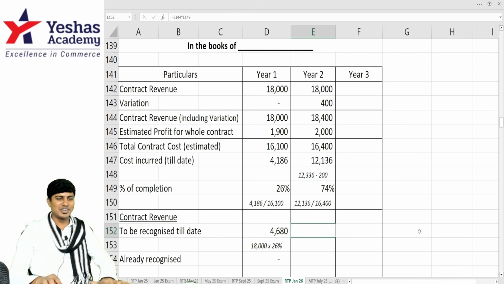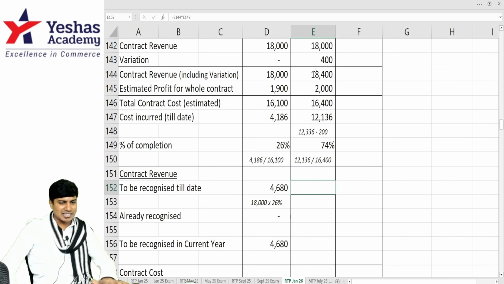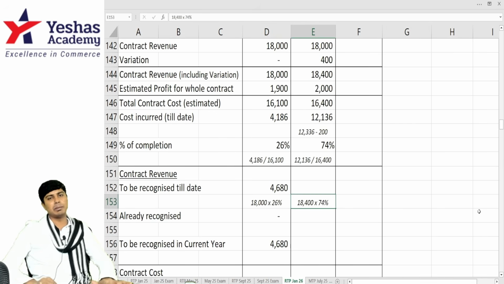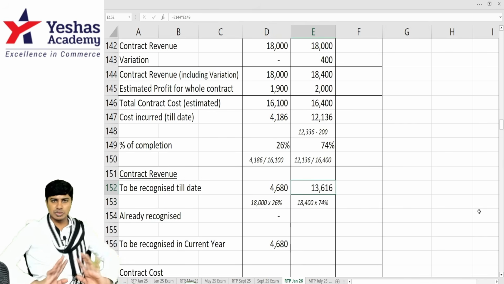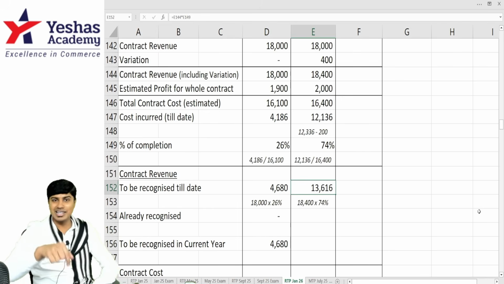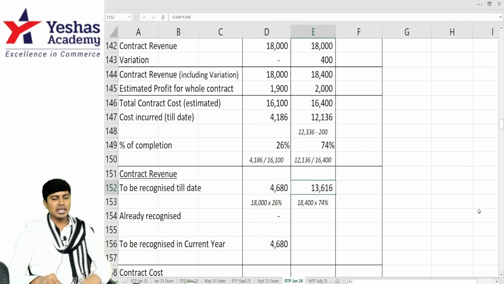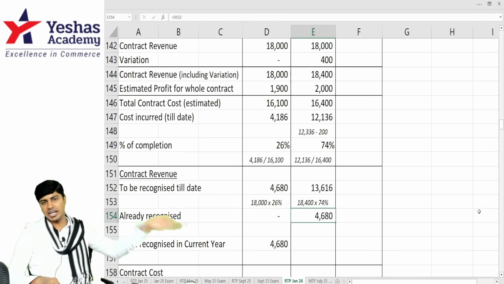How much is the contract revenue in total? Contract revenue in total to be recognized is 18,400 for 100%. Because 74% of it is complete, I can book 13,616 till the end of year 2. In this, already 4,680 is recognized in year 1.